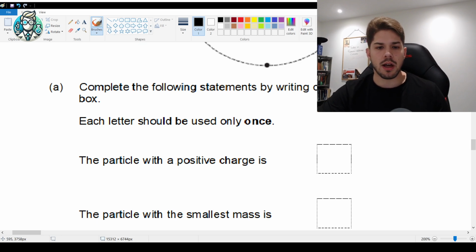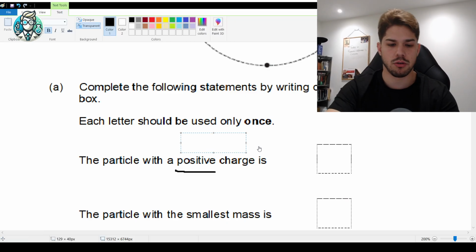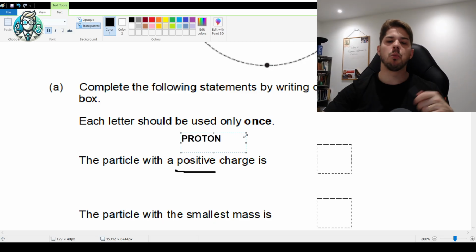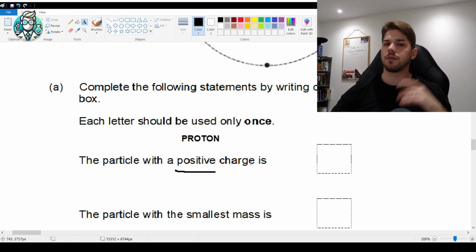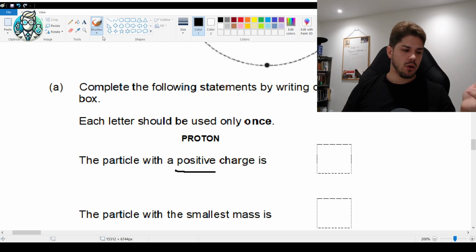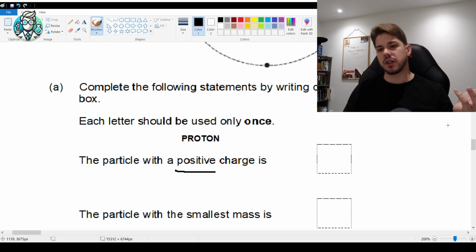The particle with a positive charge. If you remember, the particle with a positive charge is the proton. And now you might be thinking, well, what if I don't remember how many protons are there in beryllium? Well, you need to use your periodic table, and they're going to give you one periodic table in the exam.